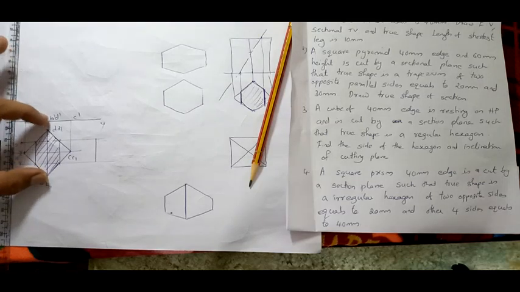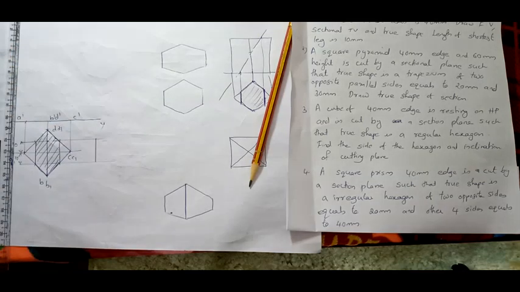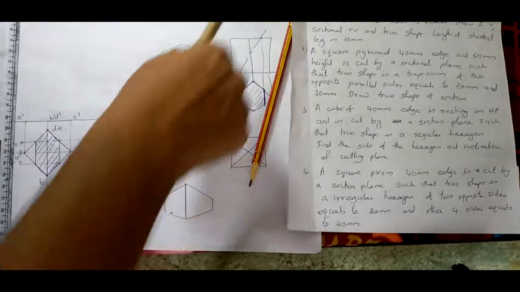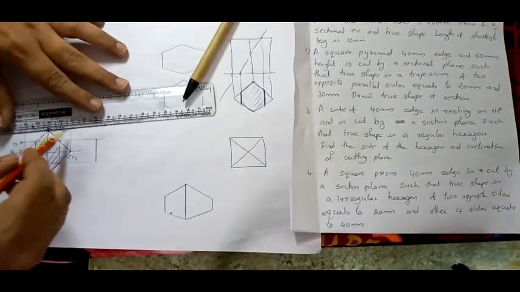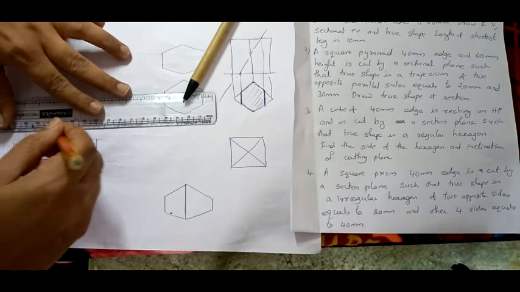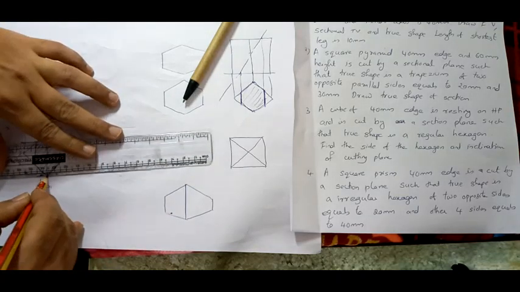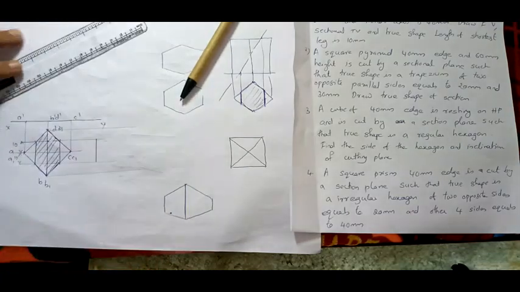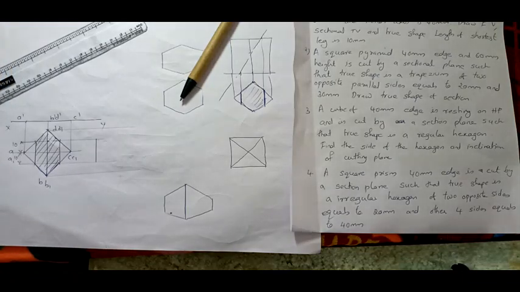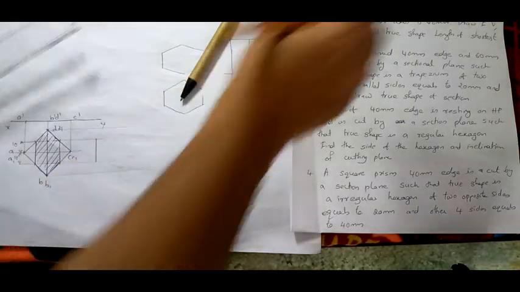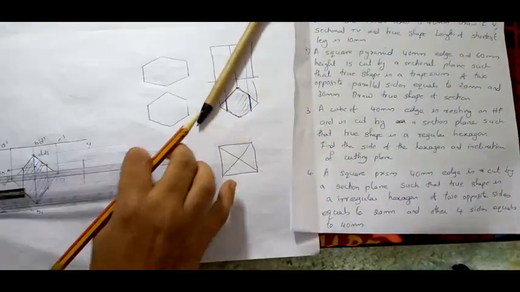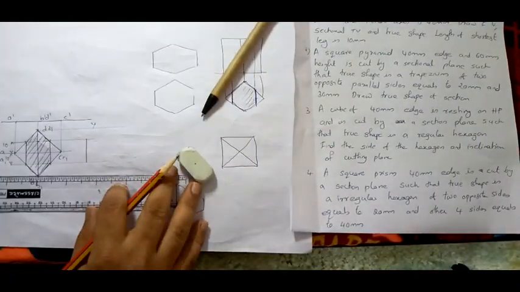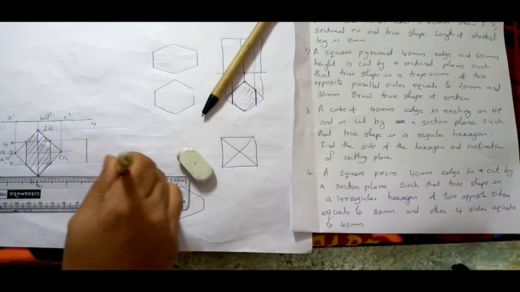Actually this is representing the true length. So for that purpose I am projecting from here. Same way we will draw a line parallel to the XY line from here. Also we will draw a line parallel to the XY line from here. So we have drawn two lines parallel to the XY line from these 2 points, because that is representing the true length.